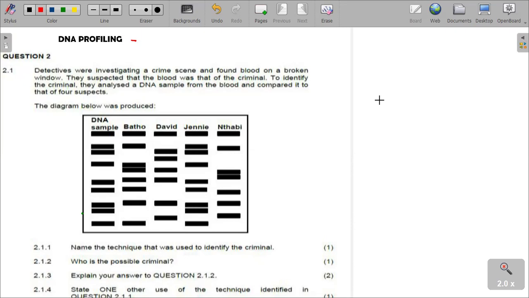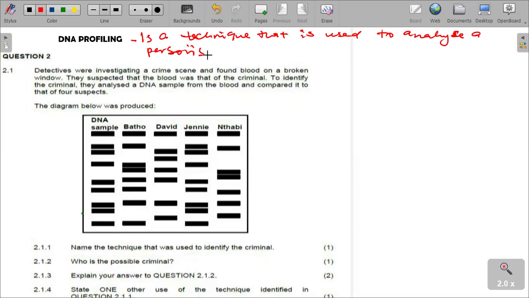DNA profiling, or it can also be called DNA fingerprinting, is a technique used to analyze a person's DNA fragments.